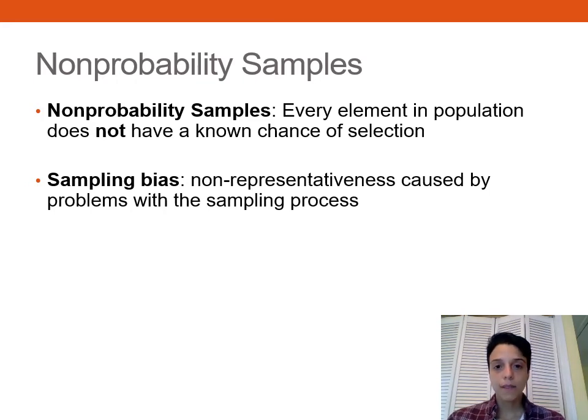So let's say, for example, that you want to measure attitudes about the death penalty in the United States. And to do this, you go to your local Republican group and ask everybody whether they support the death penalty. Chances are, responses from this group are going to show a pretty high level of death penalty support, because Republicans tend to support the death penalty more than Democrats do.